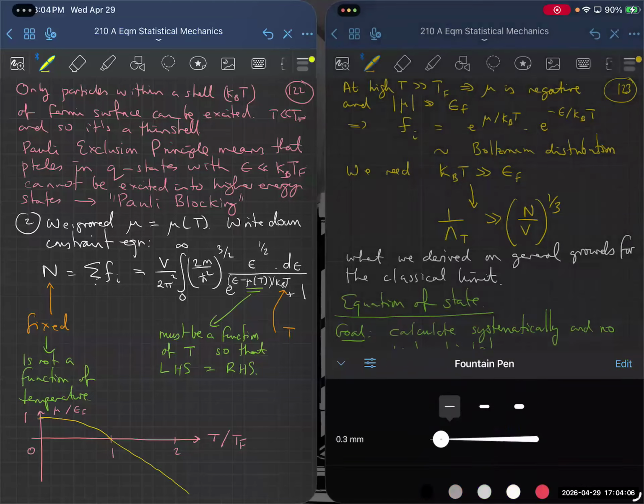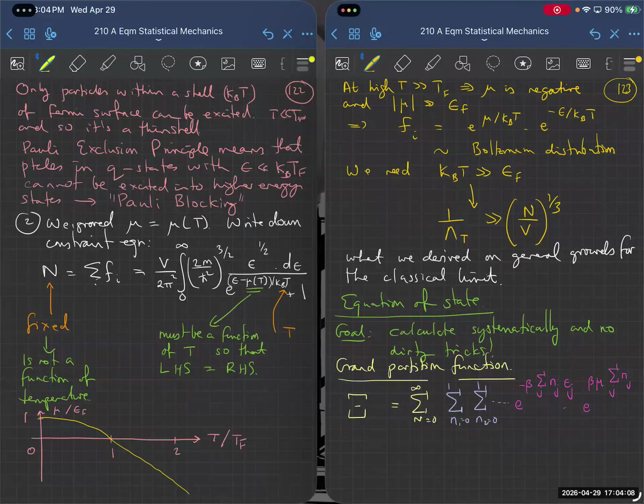The hard part about this is that all of this has to be under the constraint that if I add up the occupation numbers n_j of the states, that has to equal the total number of particles in the system. So first of all, in the outer sum, you tell me how many particles there are: 0, 1, 2, 3, all the way up to infinity.